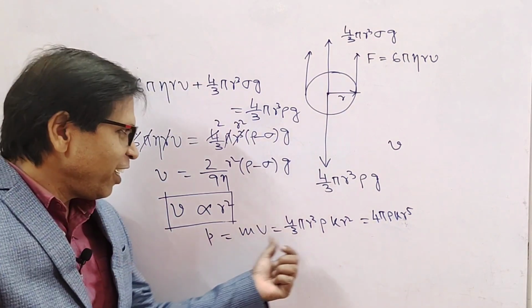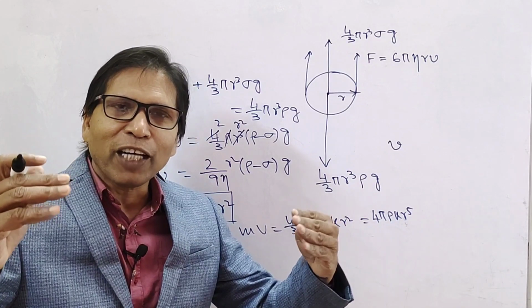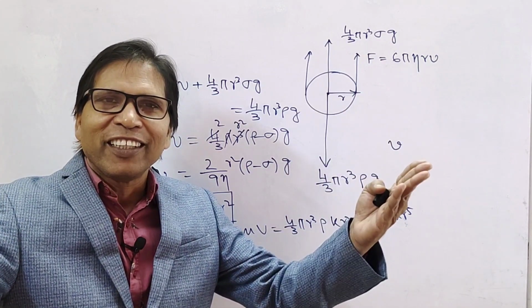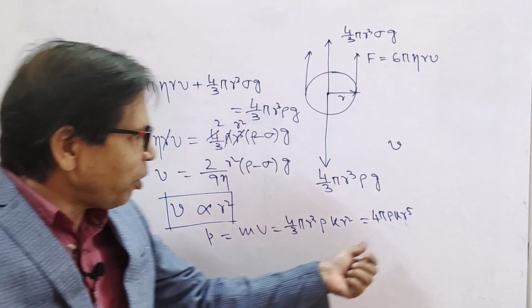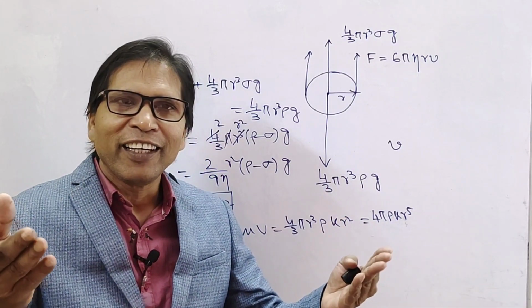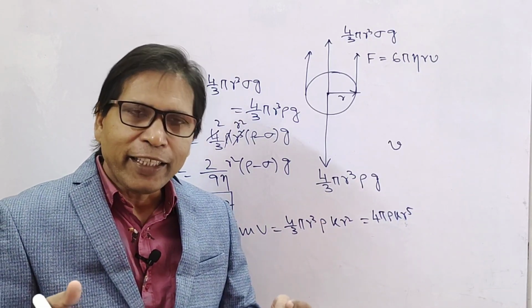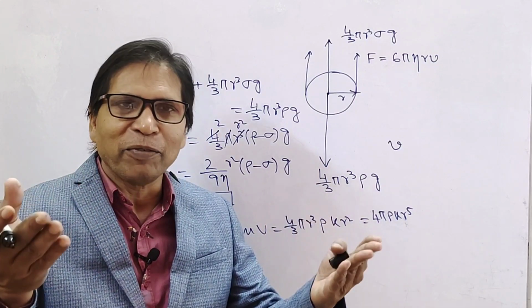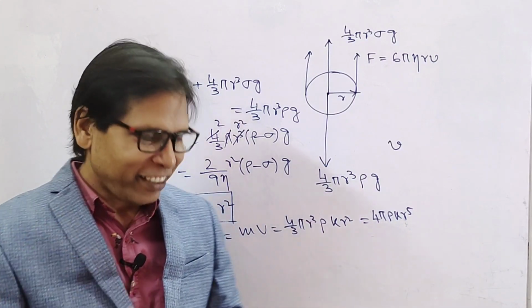If the radius doubles, then momentum becomes 32 times. If the radius becomes 3 times, momentum becomes 3 to the power 5 times, that is 243 times. Okay, understood? Next.